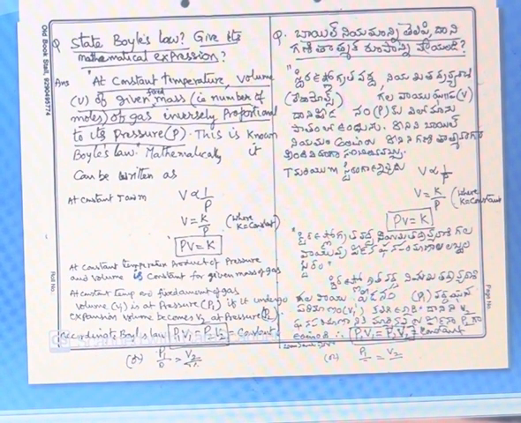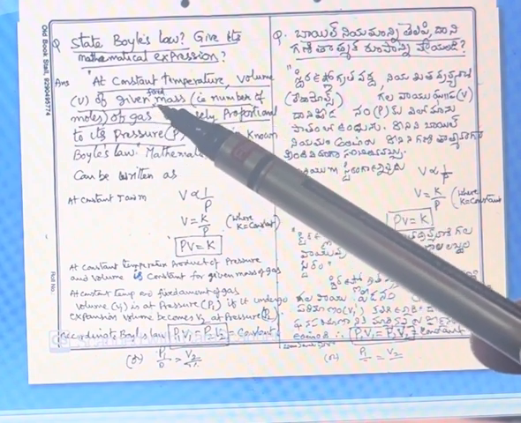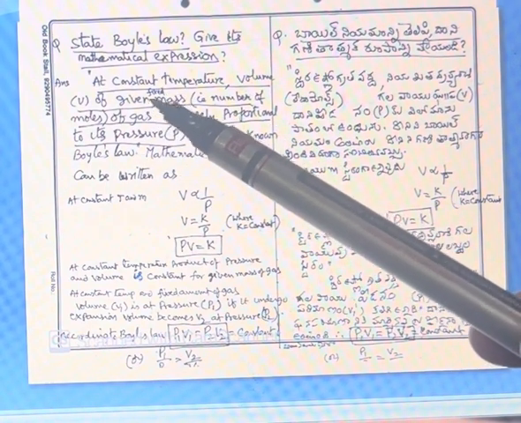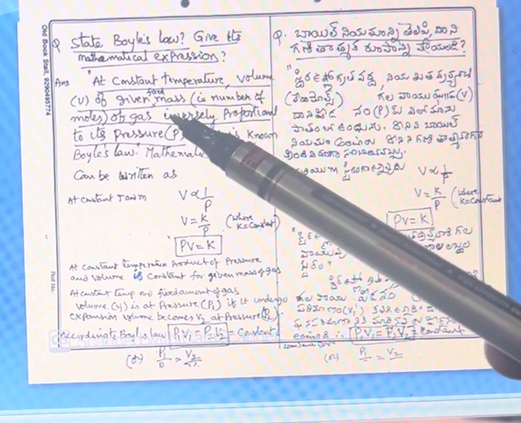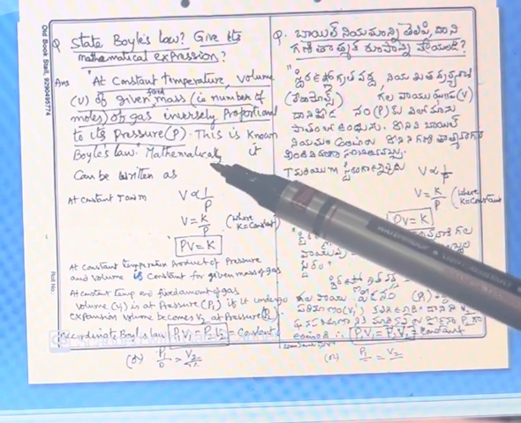Next question: state Boyle's law and give the mathematical expression. At constant temperature, the volume of a fixed mass of gas is inversely proportional to its pressure.